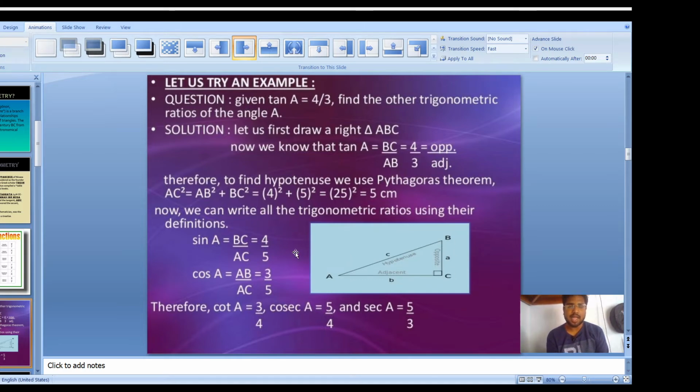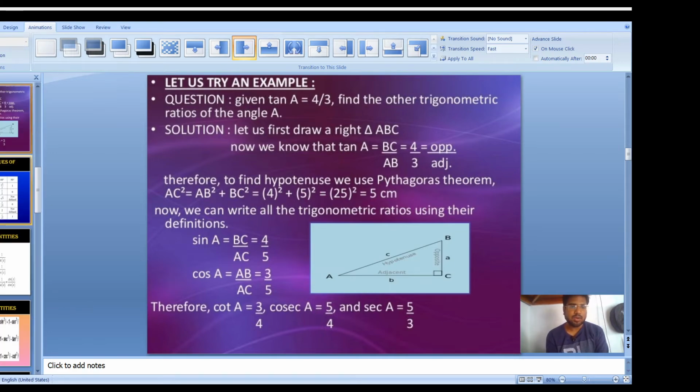Now sine A is equal to BC upon AC. The value of BC is 4 and the value of AC is 5. Now you don't need to find the value of cot A, because you know that cot A is the reciprocal of tan A.